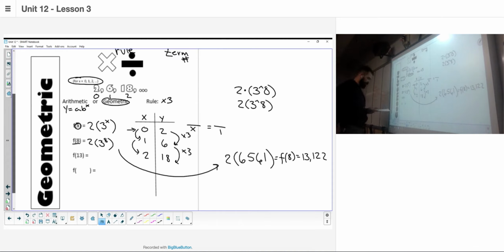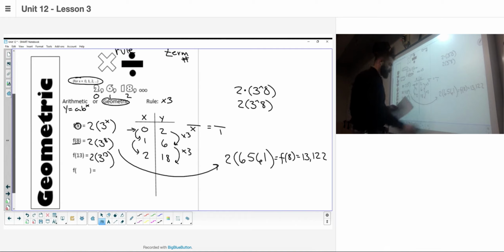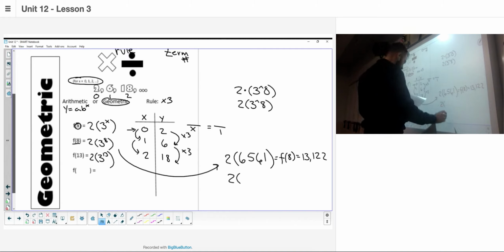Same thing for our next problem. 2 times 3 to the, our term number. Remember, it's our term 0, our rule, and our term number. 2 times 3 to the 13th, that's a really big number, 1,594,323.